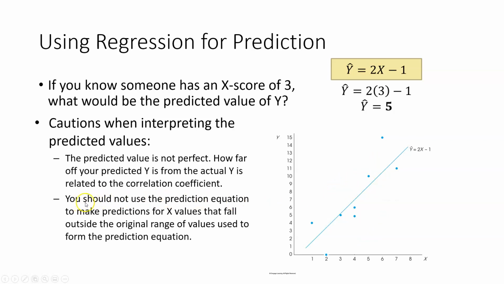Another caution is that you should not use the prediction equation to make predictions for x values that fall outside the original range of values that you used to form your prediction equation. You recall that when we were doing the first part of Module 13, we talked about correlations, and how if you had an IQ with a restricted range, between like 110 and 130, then the creativity among those people would not be a widespread range of creativity.